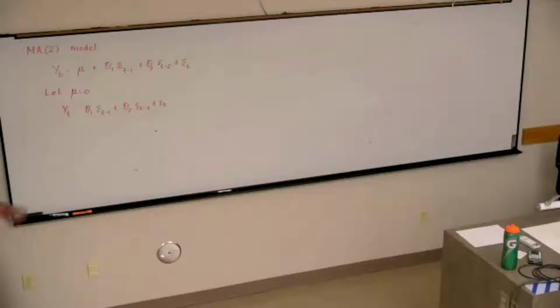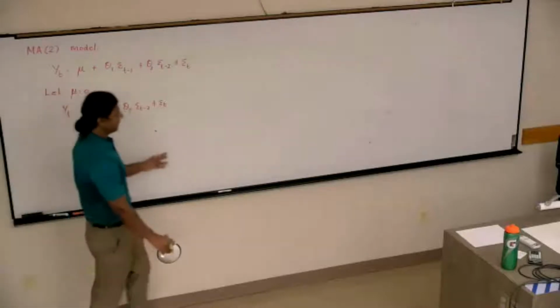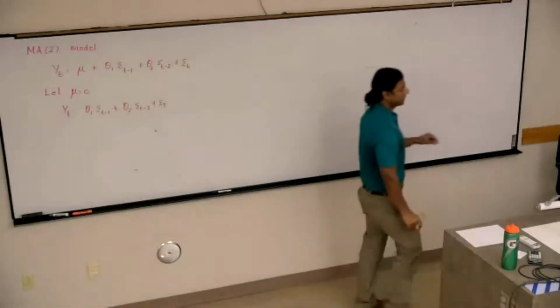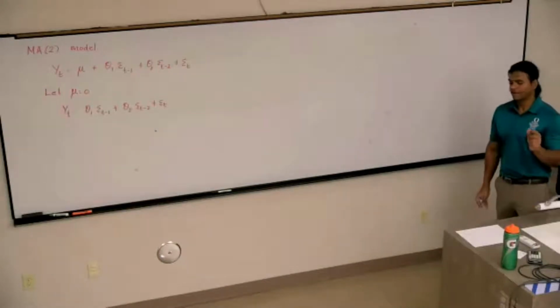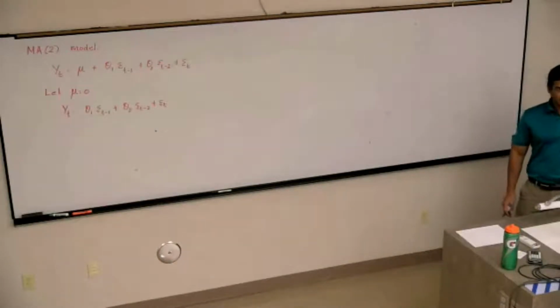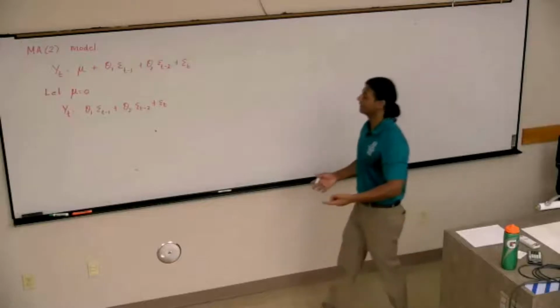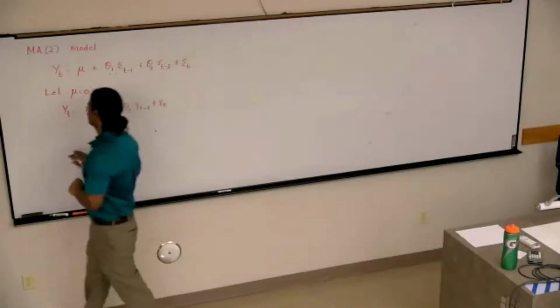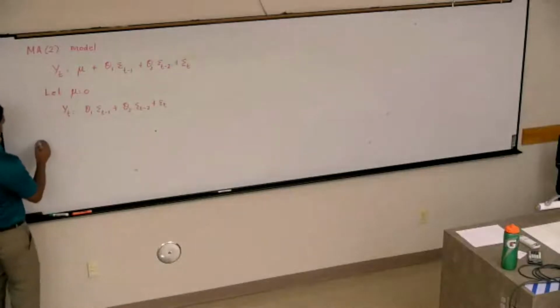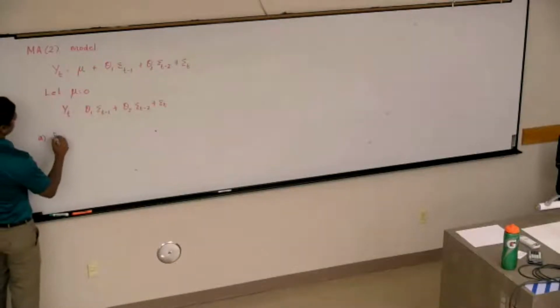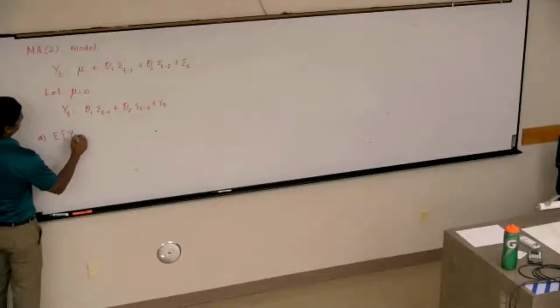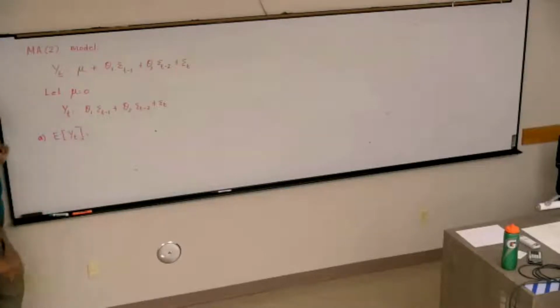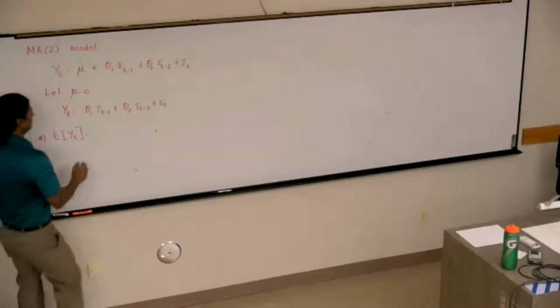Before we get into that, we would like to know if the MA2 process is stationary. We can't always prove strict stationarity, so the closest we can get is weak sense stationarity. The first condition is the expectation of yt.